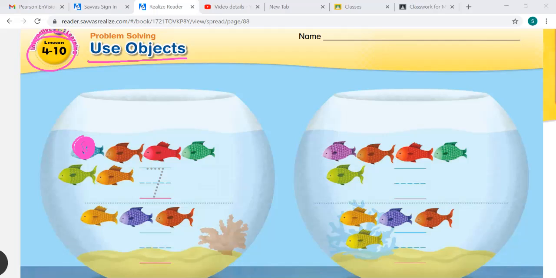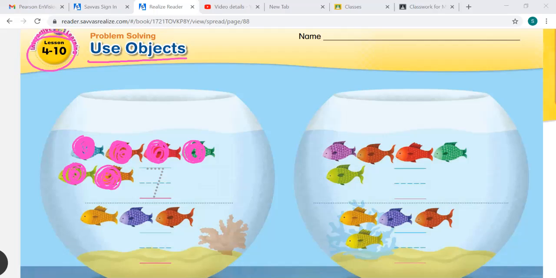So here's 1. Here's 2 counters. 3 counters. 4 counters. 5 counters. And here is 6 counters.